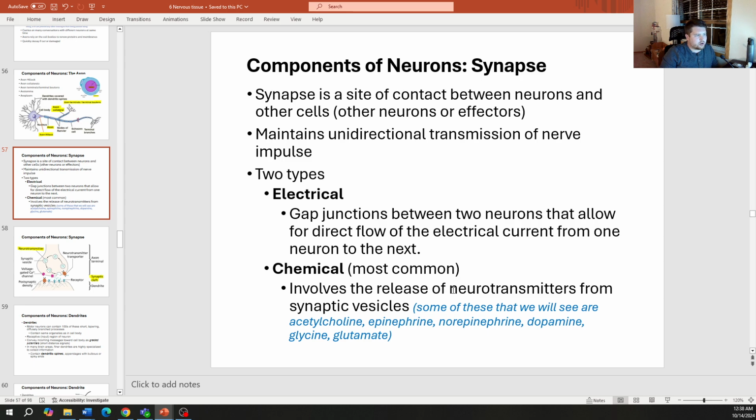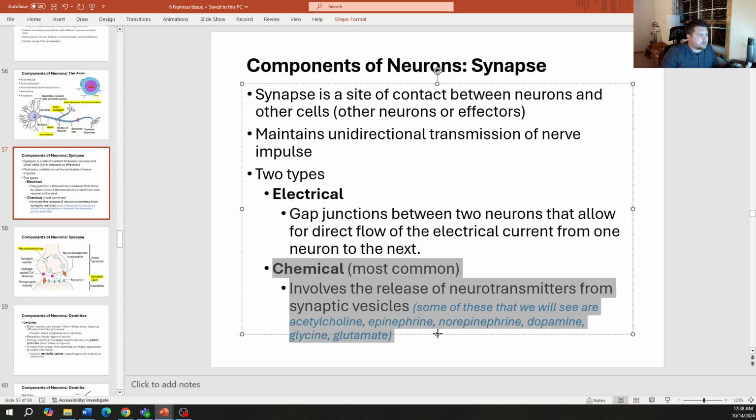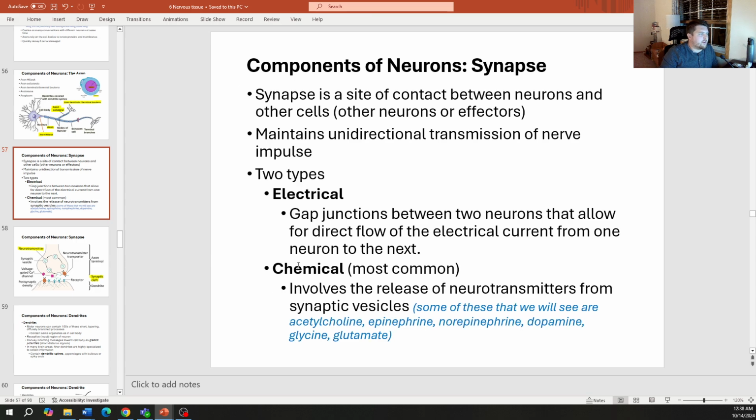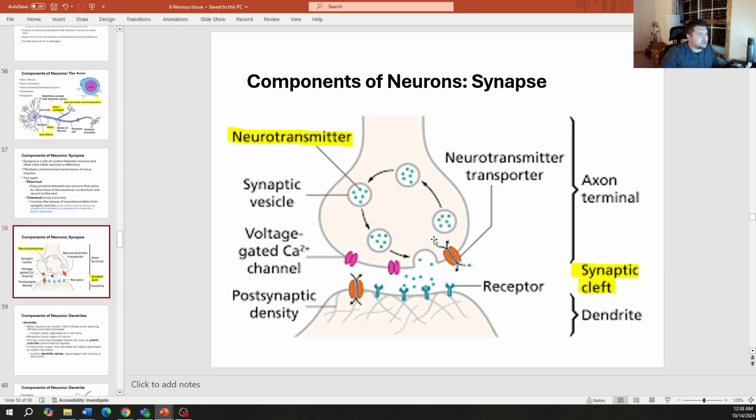When I talked about neurotransmitters, that is our chemical, which is the most common version, but you can also have electrical through these things called gap junctions. You'll see more of that. Most of what we'll talk about and what you'll see is going to be chemical, so focus on the chemical side of things.